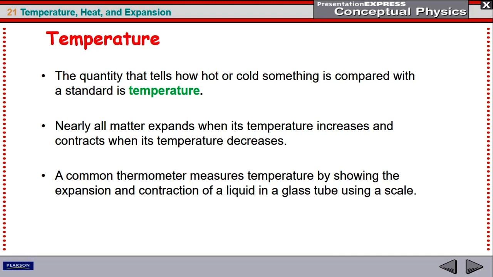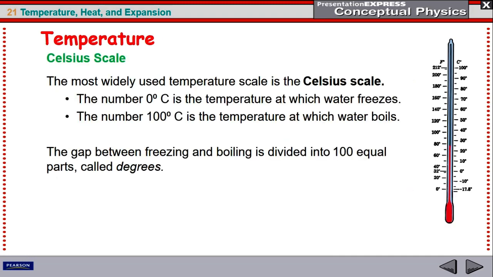Now, to measure temperature, we use a device called a thermometer, which shows the expansion and contraction of a liquid inside a glass tube. This is the shape of a thermometer, and you can see there's a liquid, the red one, inside the glass tube. Usually it's mercury.